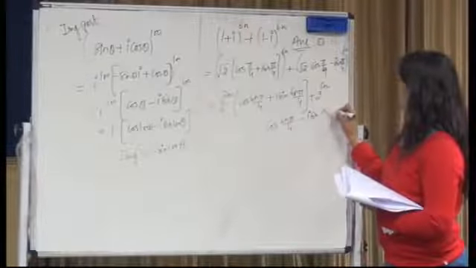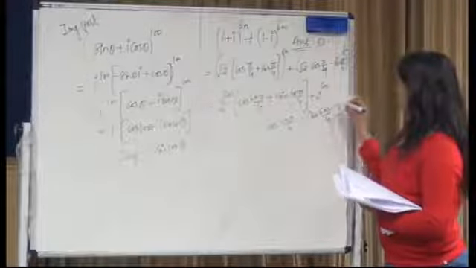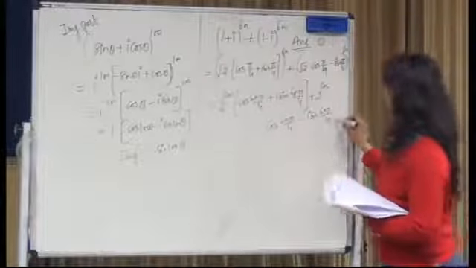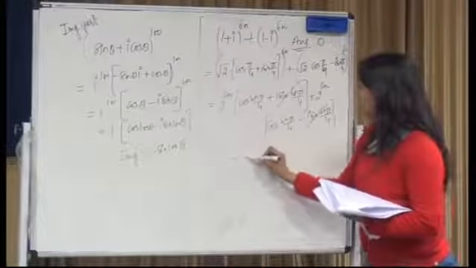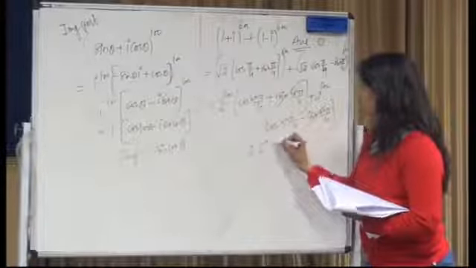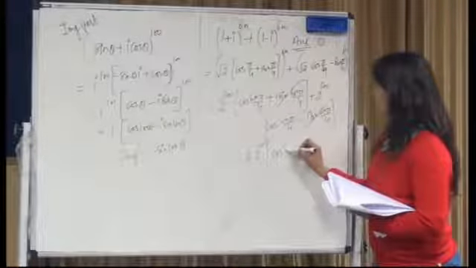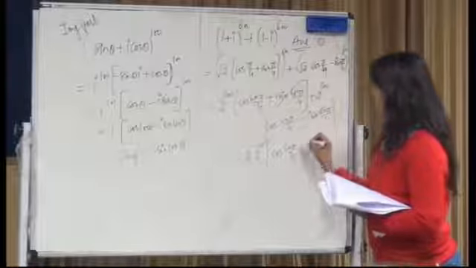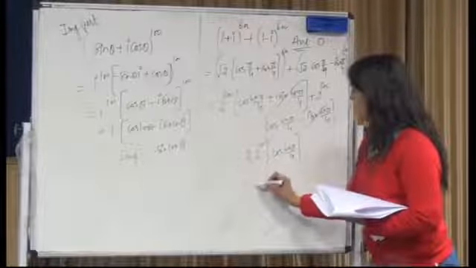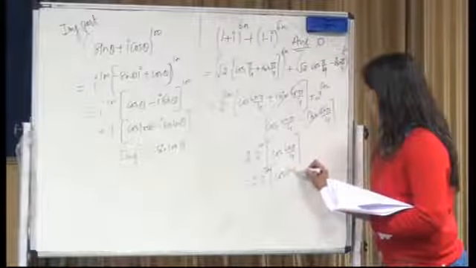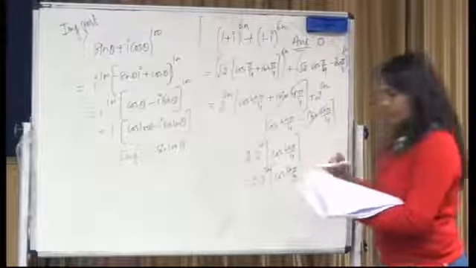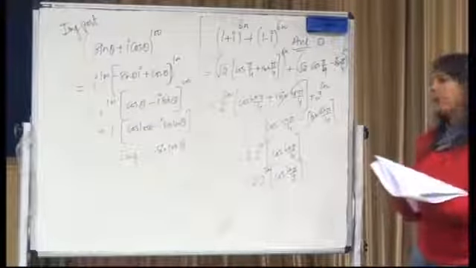You can see the sine terms we can cancel. So we are getting 2 into 2 to the power 3n cos 6n pi by 4. This is basically cos 3n pi by 2. Now put any value, because n was what? Odd. Put any n odd.